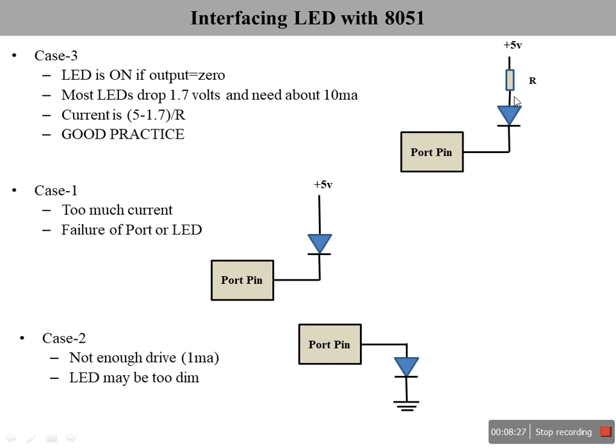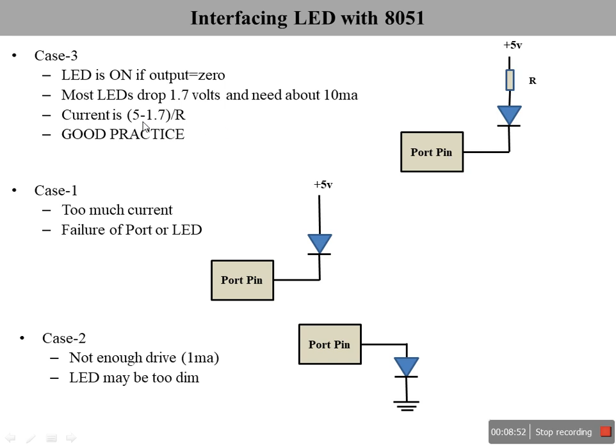Rather, we can control the amount of current flowing through this LED by this equation. Since every LED drops some voltage across it, say 1.7 volts, and may need around 10 milliamperes of current, we can control how much current flows from the power supply through the LED to the port pin.